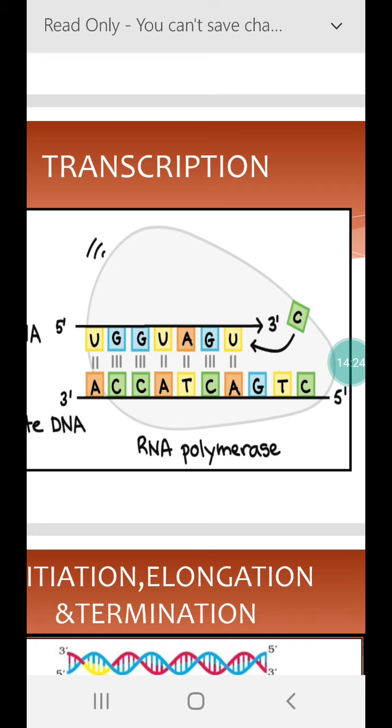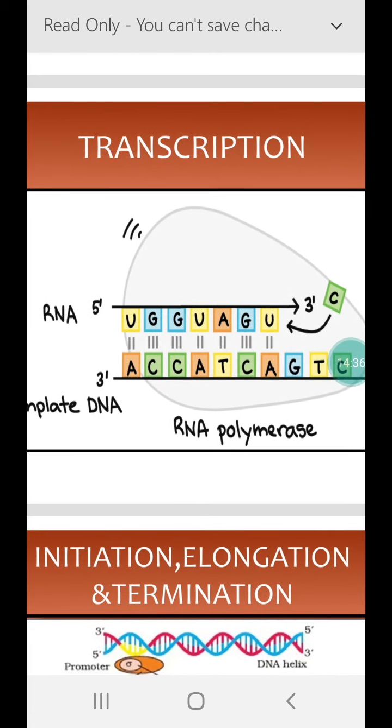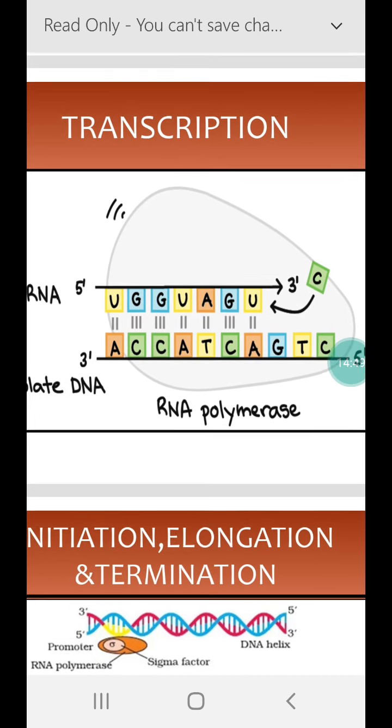A small DNA sequence which provides the binding site for the enzyme RNA polymerase is called the promoter, present towards the 5' end, while a small DNA sequence which terminates the transcription process is called the terminator, present towards the 3' end.